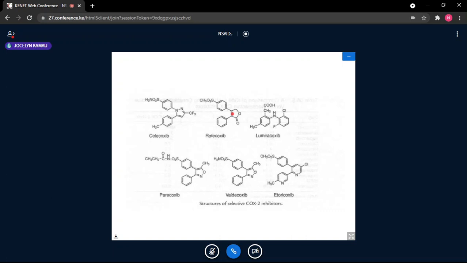The cis-stilbene is where the two big groups are on the same side. You can see this and this are on the same side, and therefore the two hydrogens are also on the same side. That's what we're calling the cis-stilbenes. The best example is rofecoxib.